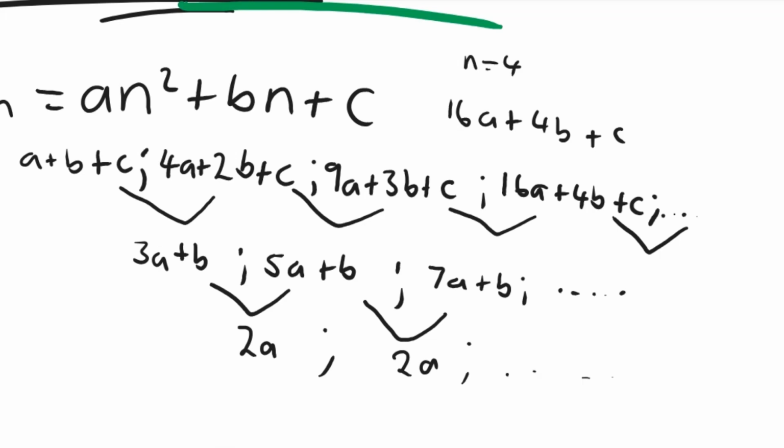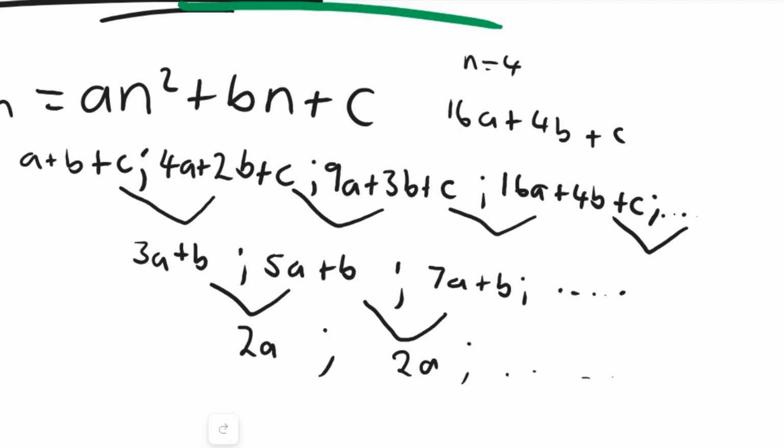It is going to form 2a, 2a, 2a. That's why we say it's a constant second difference. That's why we always take 2a equal to this constant difference when we're dealing with quadratics.